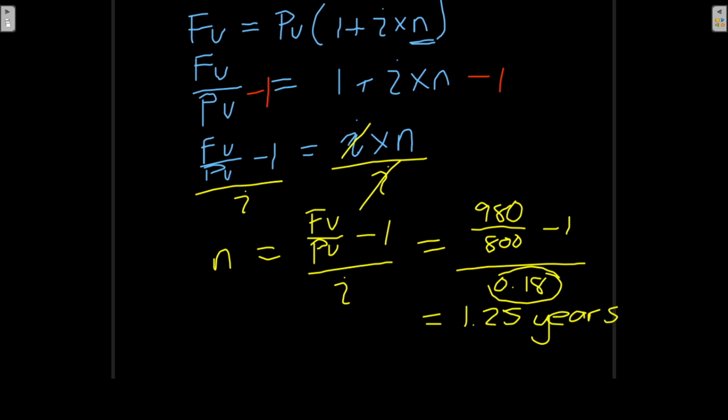But I think we all understand a number of months better than 1.25 years. So to express this in terms of months, you will just multiply 1.25 by 12. If you take 1.25 multiplied by 12, you will get 15 months. So the student will have enough money for the course after 15 months.